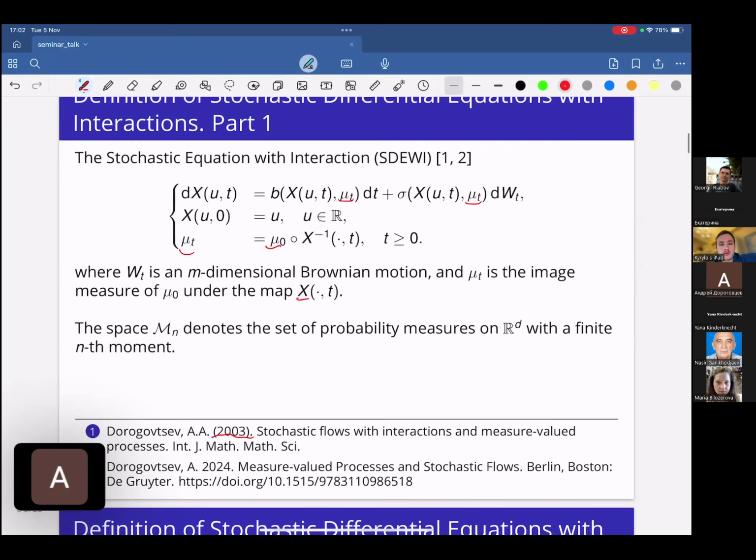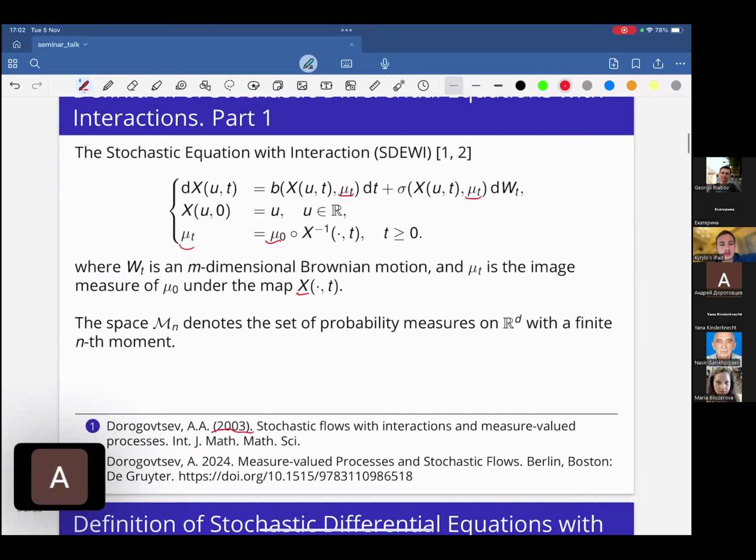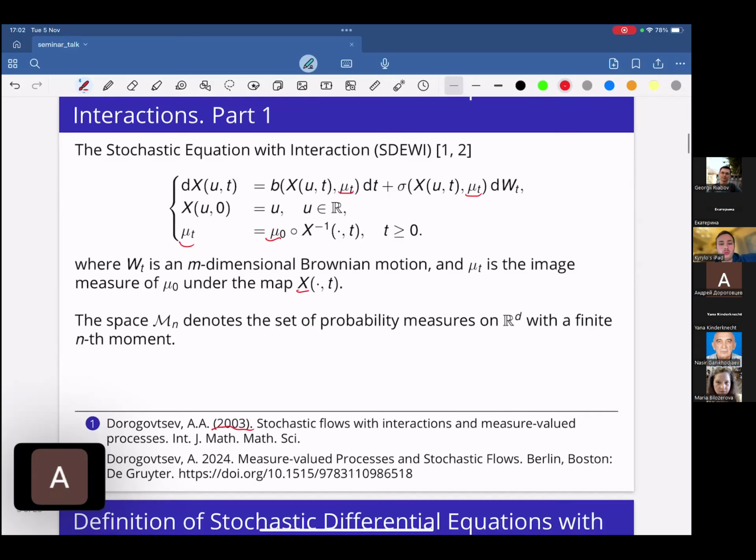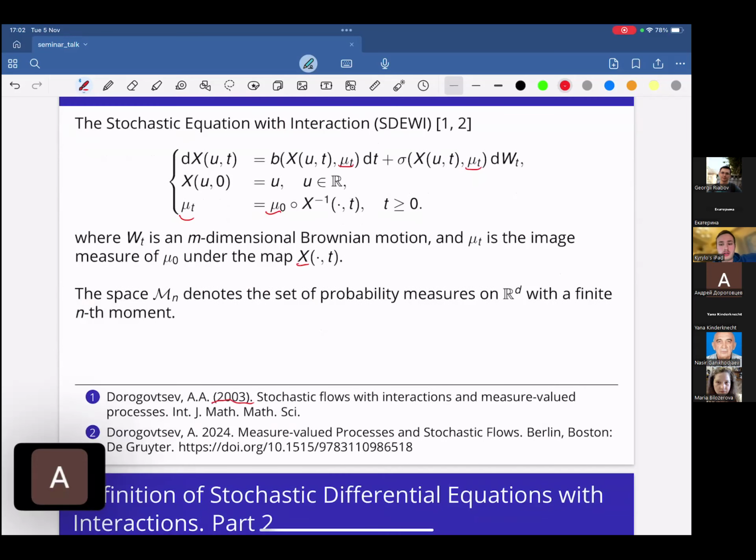And we have the restriction that the measure mu zero has a finite nth moment.